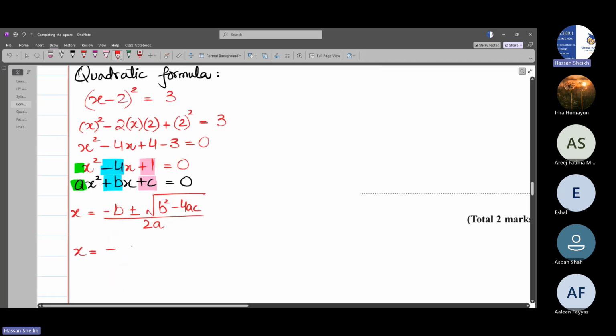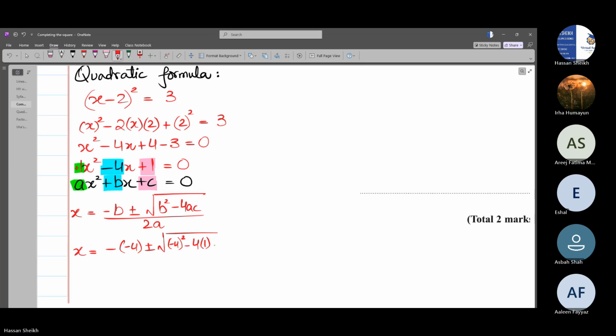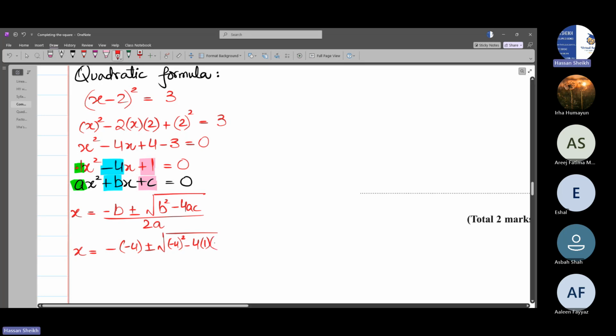And then we substitute the values. b is minus 4, plus minus b square is minus 4 square, and minus 4ac. a is 1, let me write plus 1 here, and c is 1 as well. And then we have 2 times a, which means 2 times 1. In that way, we'll get two answers, one with the positive and the other with the negative.